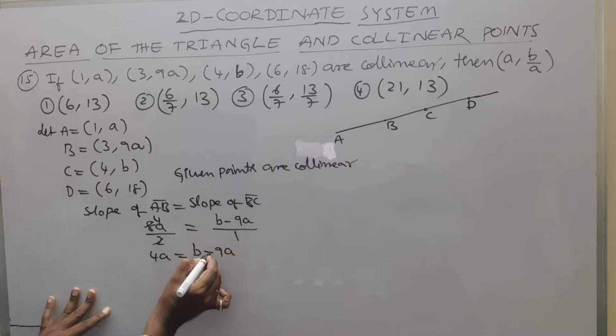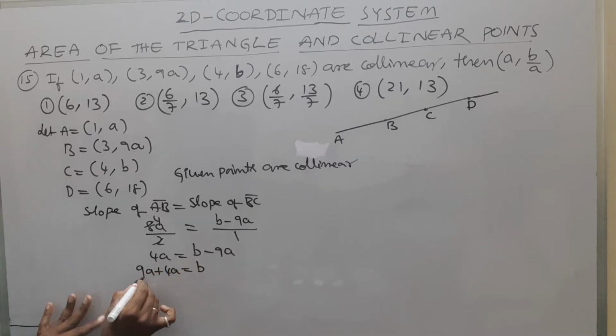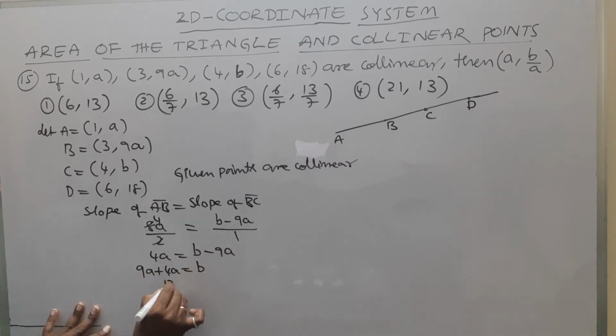Minus 9a will become plus 9a. 9a plus 4a, 13a. 13a equal to b.